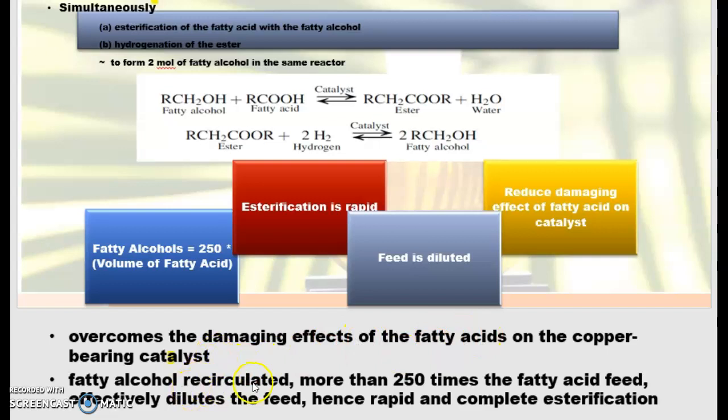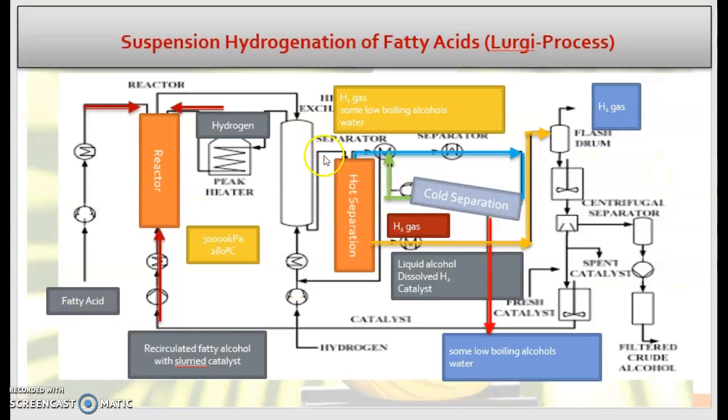So fatty alcohol recirculated at more than 250 times the fatty acids feed effectively dilutes the feed, hence rapid and complete esterification can happen.